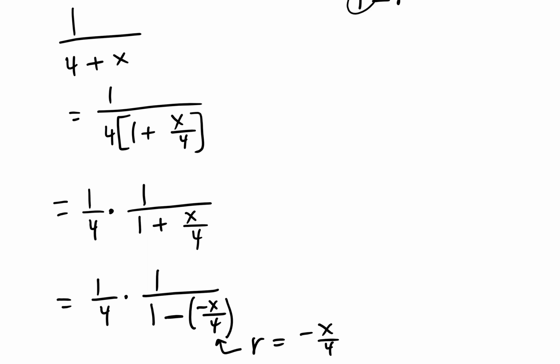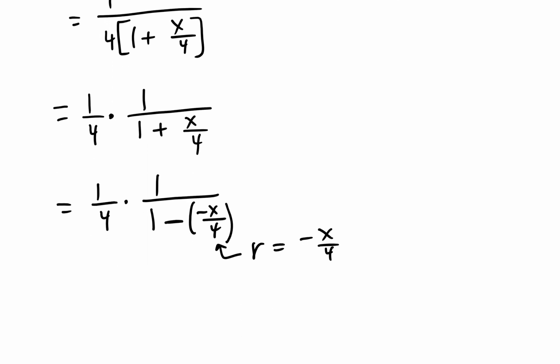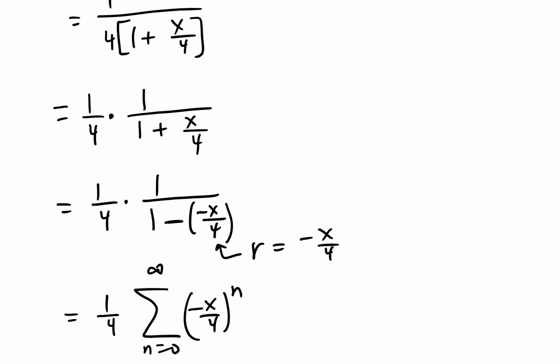So then we keep the 1/4 out. We go sigma, the sum, from 0 to infinity of r to the n. So r here is negative x over 4 to the n.